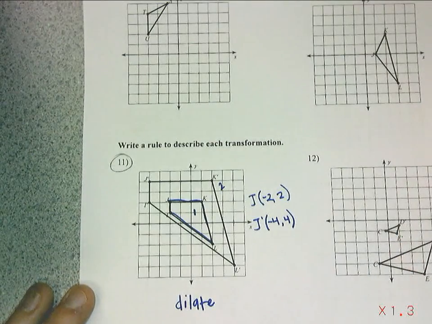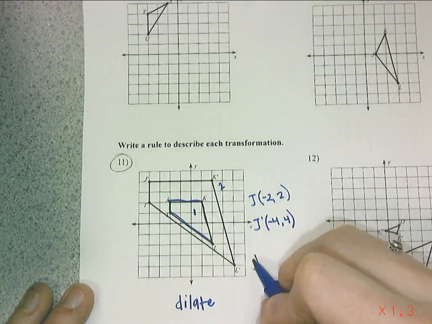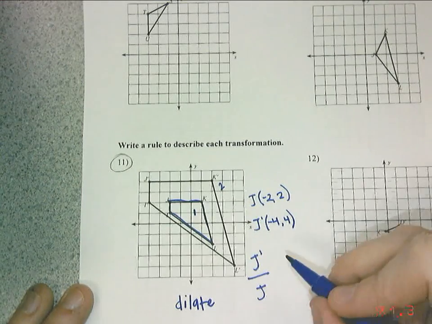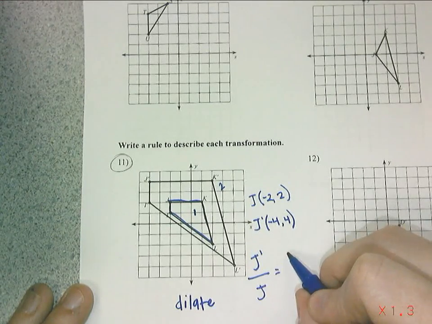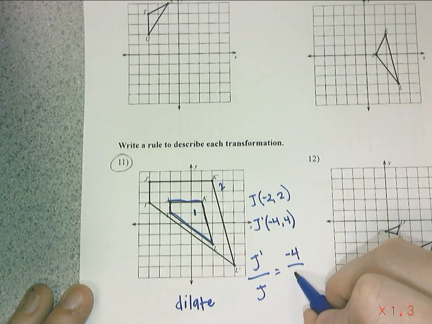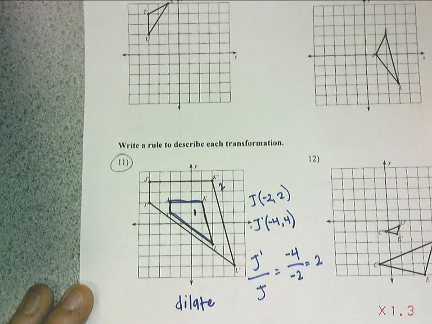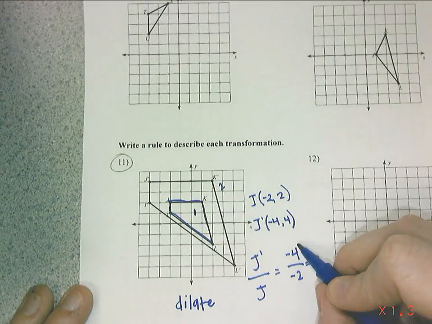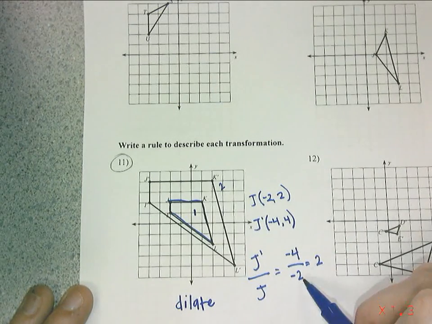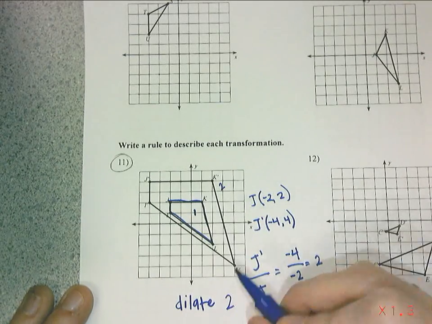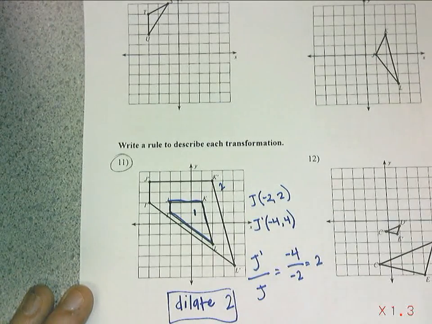Now in order to find how much it was dilated by, I take J prime and divide it by J. So I can take -4 divided by -2, which equals 2. It would work the same if you use the y values instead of the x values. Remember, this is my J prime x on the top and my J x on the bottom. That means we're dilating by 2. And that's your answer.